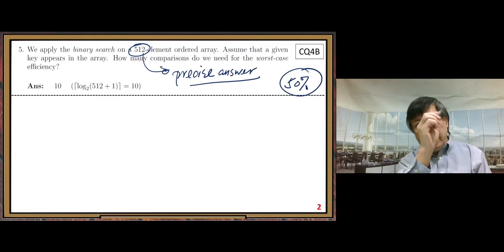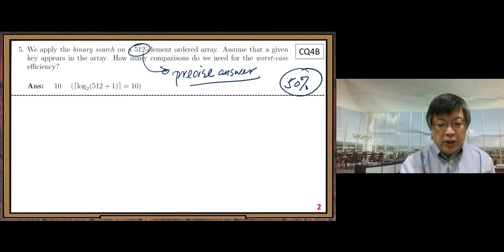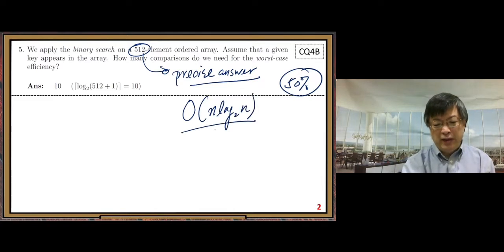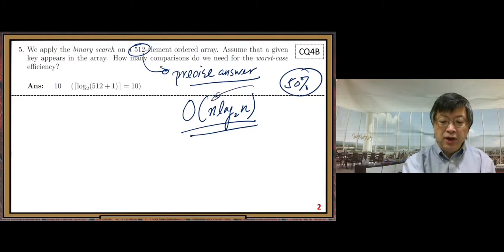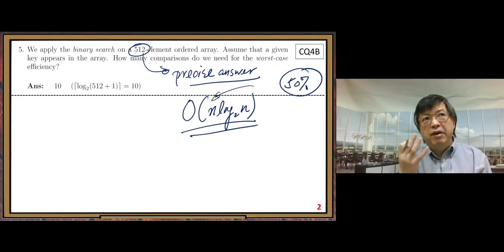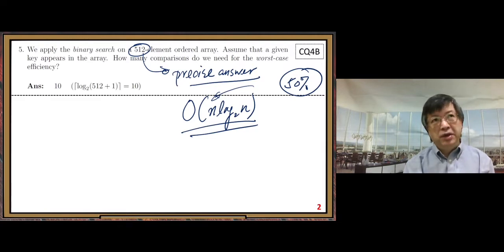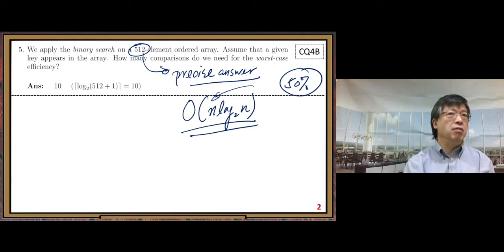But every time I do my grading, I see so many students give me asymptotic notation as the answer. Don't use this for a concrete number. For a general unknown number, you can use this, but if n is given as a specific number, then you need to give me the exact number of comparisons.